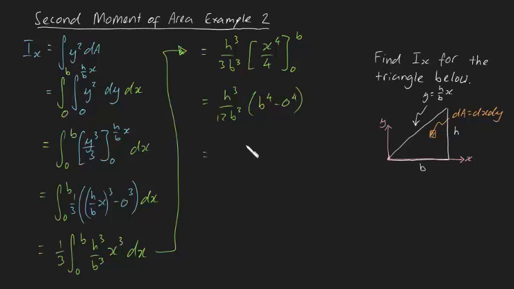The b cubed and the b to the 4 cancel to leave us with b h cubed over 12. That is our answer. This is our second moment of area about our x-axis for a triangle of base b, height h, with our axis located at this vertex just here.